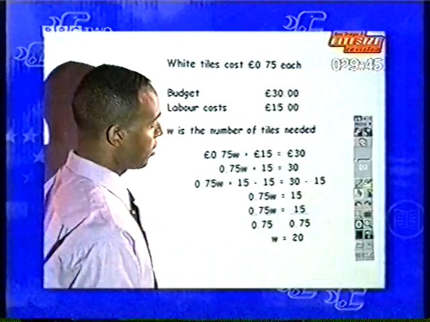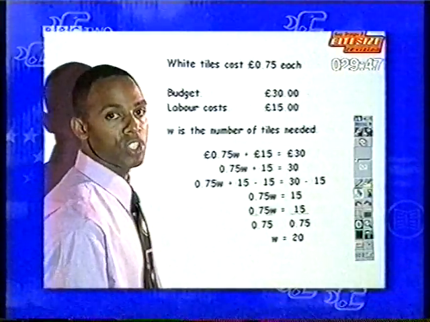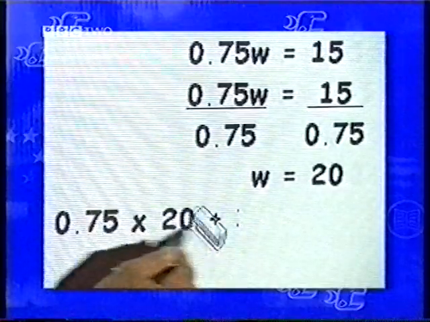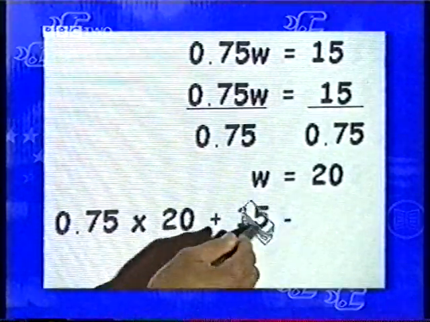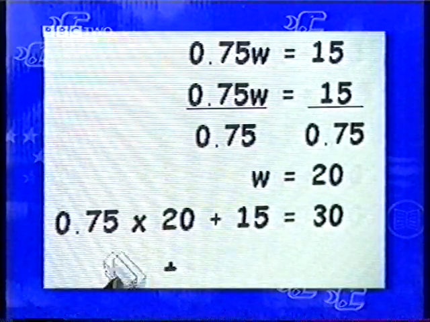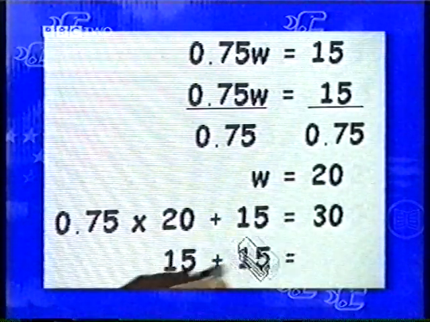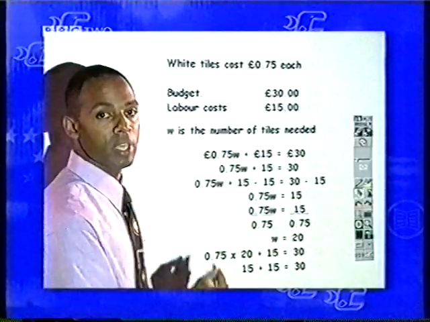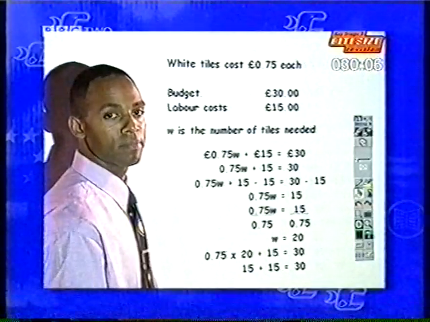We can put this value into our original equation to check that we've done it correctly. 0.75 times 20 plus 15 equals 30. Calculating this gives us 15 plus 15 equals 30. We can see that we've done it correctly.